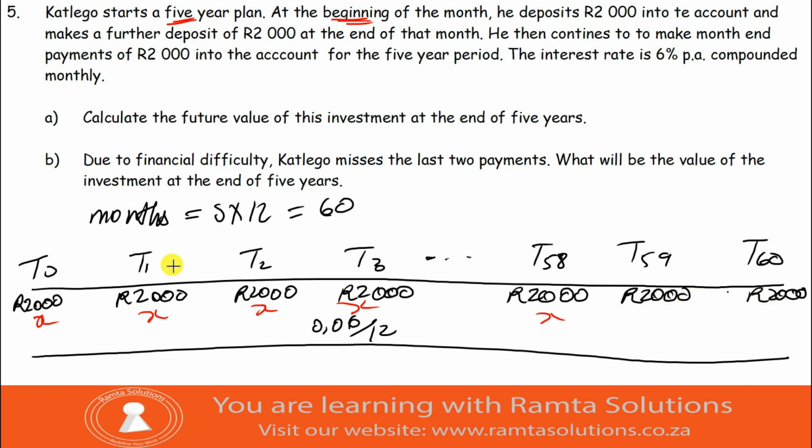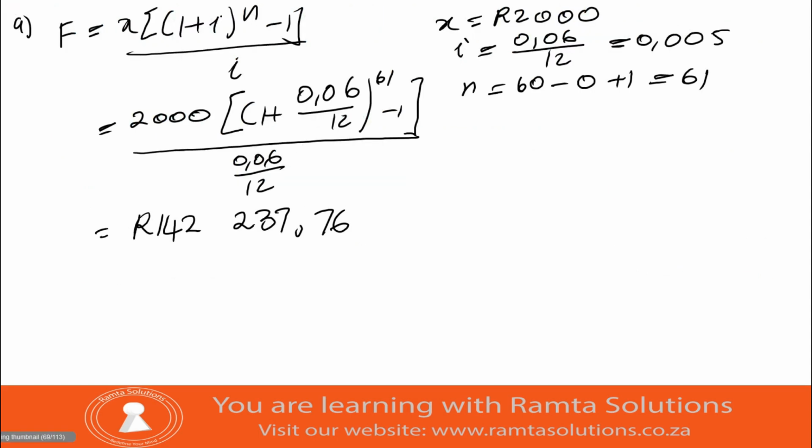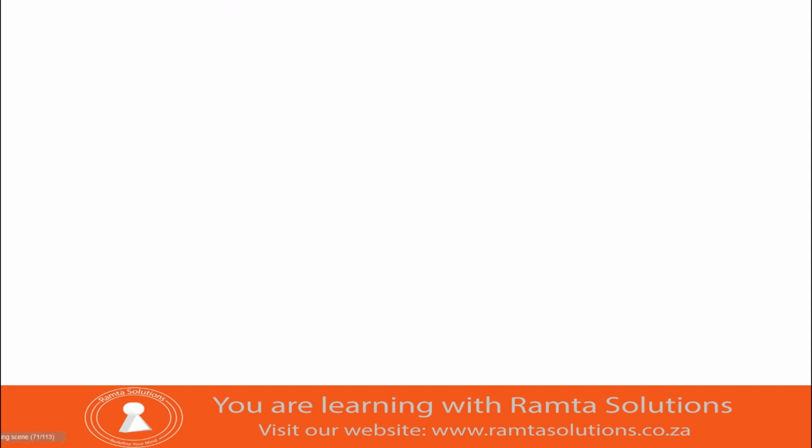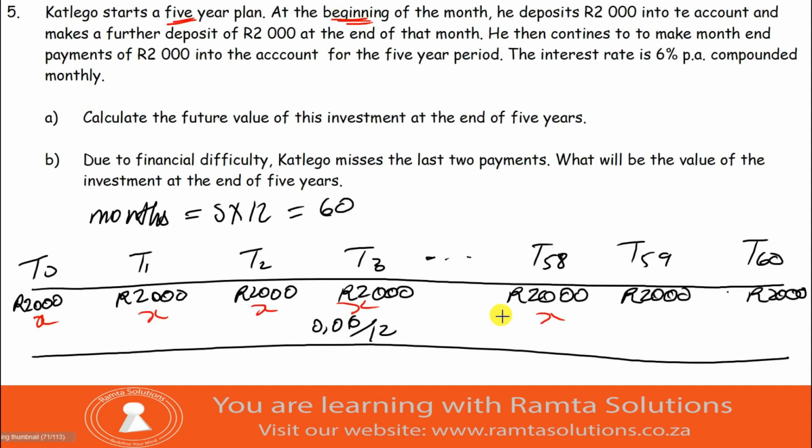So you have your normal annuity situation here, but it gains interest for the further 2 months. So the formula will be like this. By the way, for B, we must say N equals, check it out. The last payment is on the 58th month, because he misses the last 2 payments.